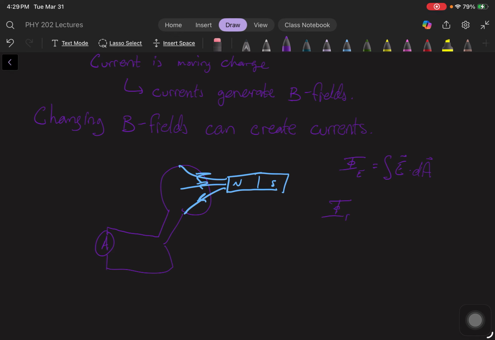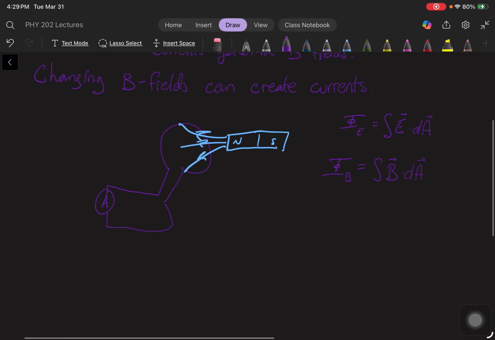For magnetic flux, that's just going to be the integral of B dot dA, because it's still just the field lines through an area that make up the flux. So we can define that.